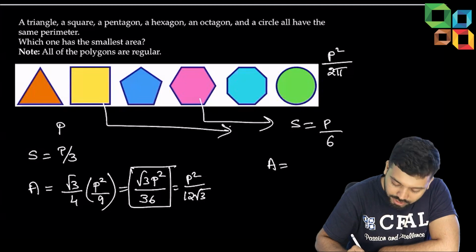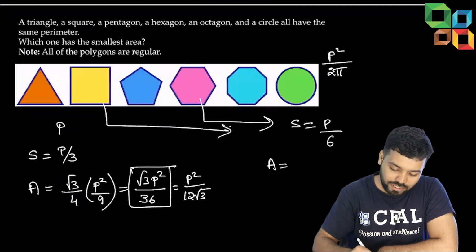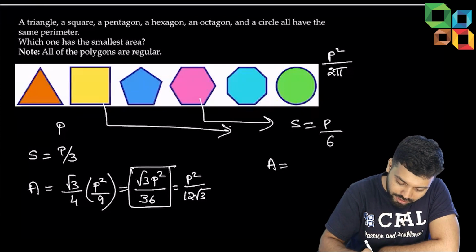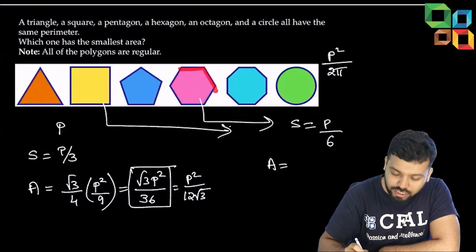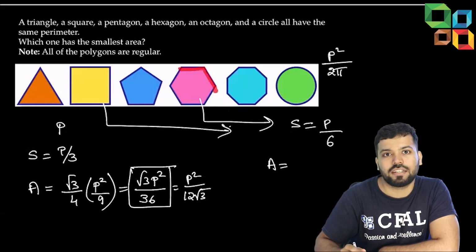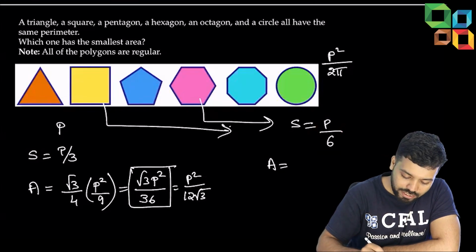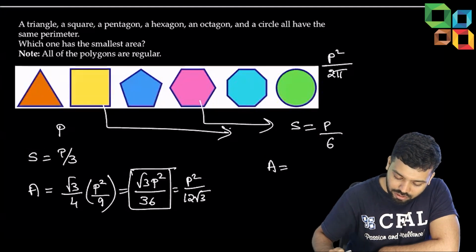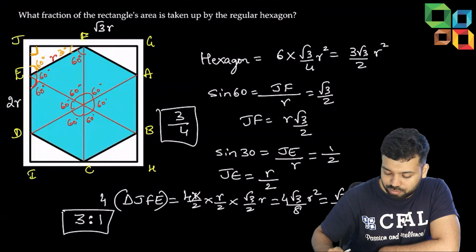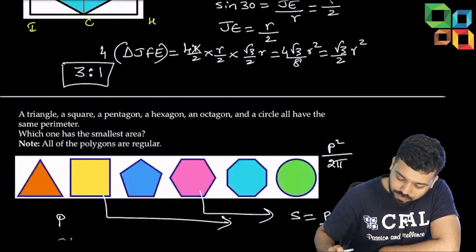So for the hexagon, we have P as the perimeter, so side length will be P by 6. What is the area of a hexagon with radius R? We had seen this. Area will be 3 root 3 by 2 R square, correct?